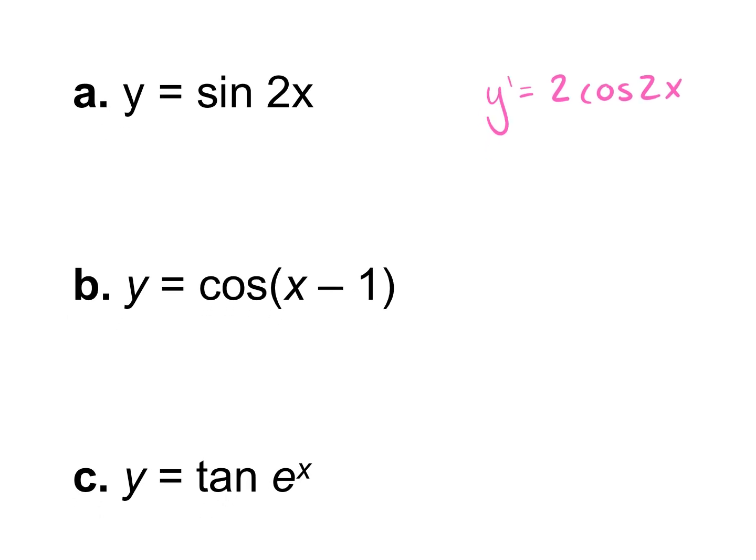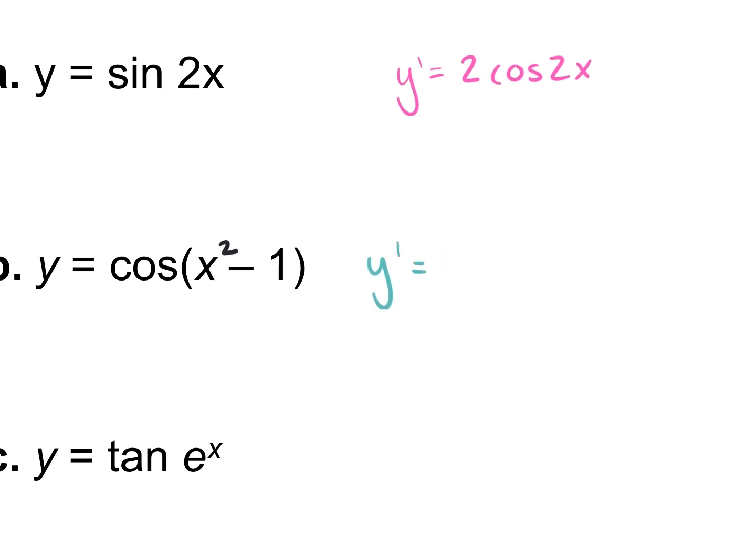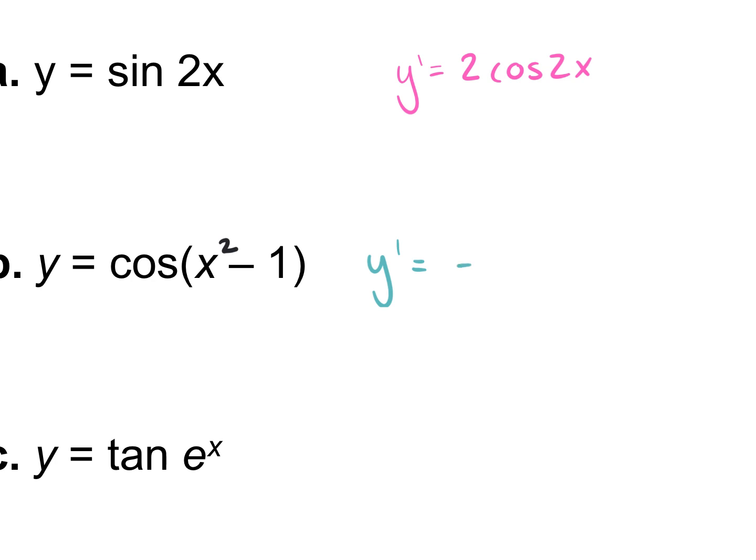Let's do b. I'm going to change b to be x squared minus 1 just to make it a little bit different for us. So our derivative would be, what's the derivative of cosine? Negative sine, so we've got negative sine. The inside part stays the same, so x squared minus 1.